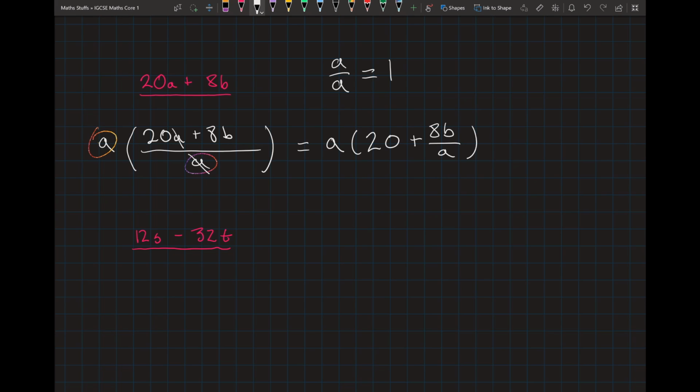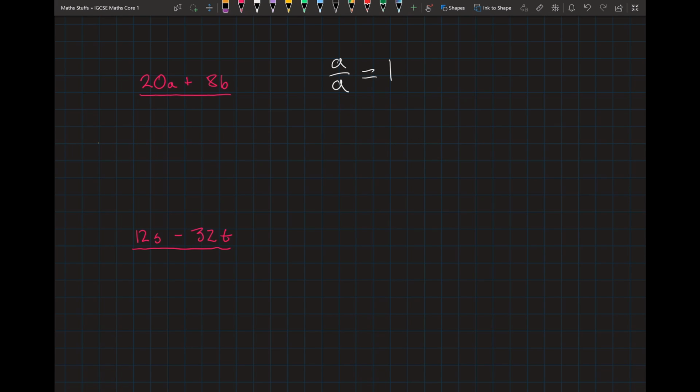So instead of doing this, we are going to look at the constants. We're going to see if there's a way to make the constants smaller. So when I say the constants, I'm talking about the 20 and the 8. All right, so is there a common number we can find where if we divide 20 by that number and 8 by that number, it makes these constants here smaller?